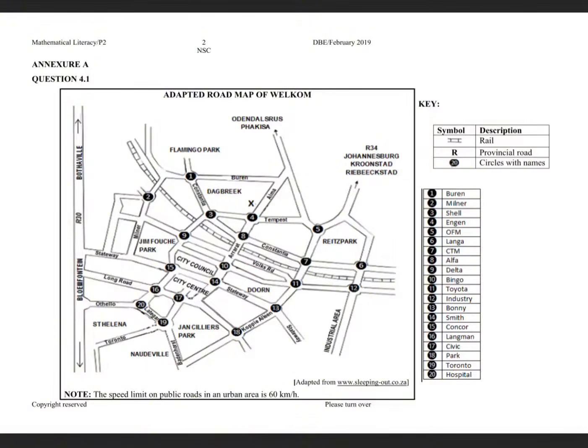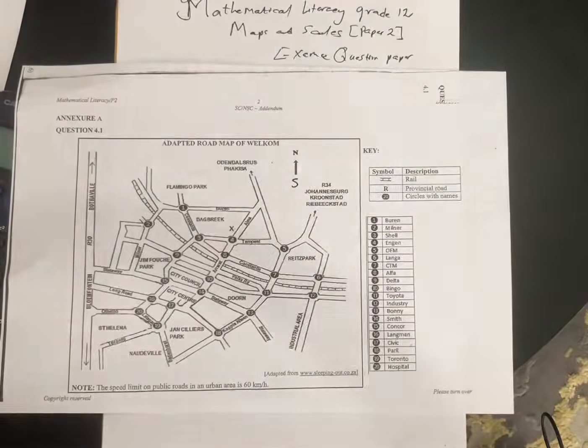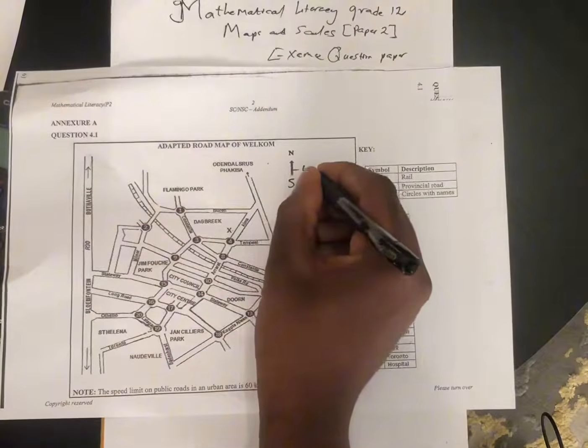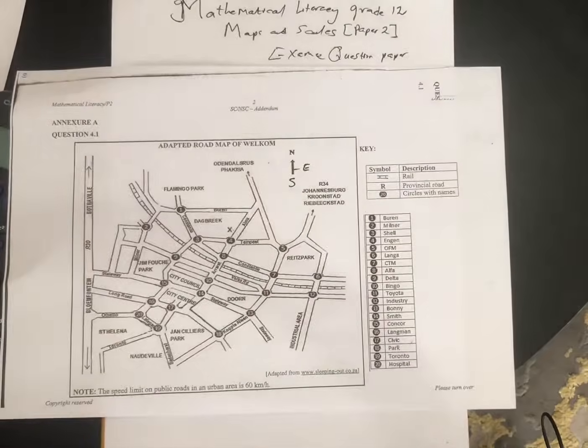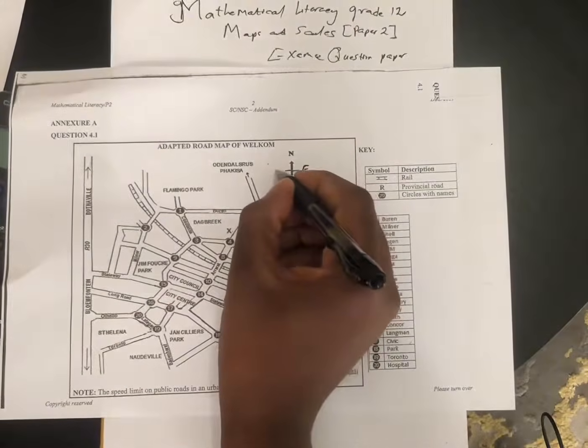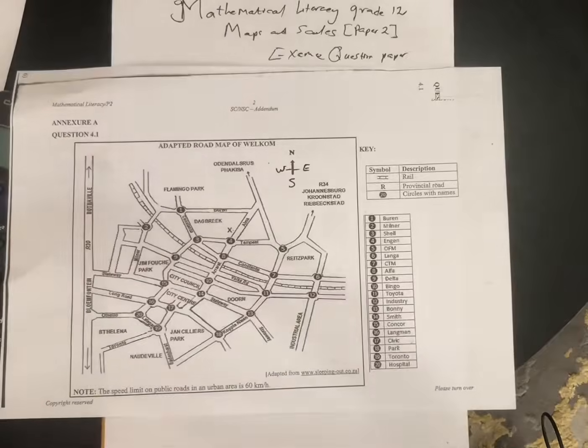Then another important piece of information is the general direction that we are given here to say that our north is pointing upward. Obviously, if north is up, we are going to have south in this direction, east in this direction, and west in this direction. You must not forget that.